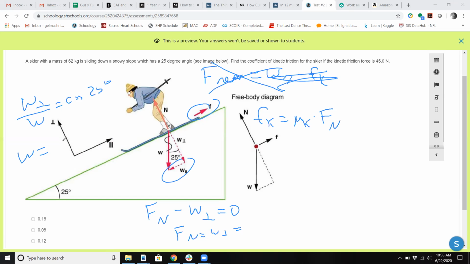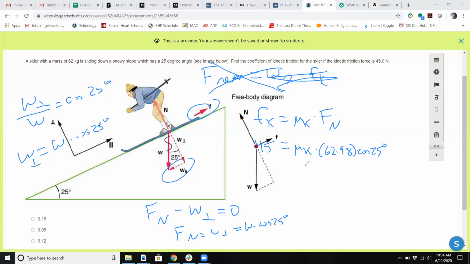So W perpendicular is W times cosine 25 degrees. So we just throw that in, and mu K is what we're trying to solve for. Our kinetic friction is 45, and our normal force is going to be our weight, which of course is 62 times 9.8, times cosine 25 degrees. Then you want to work all that out.